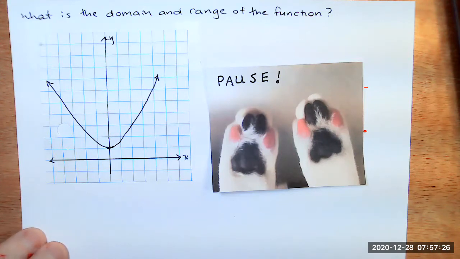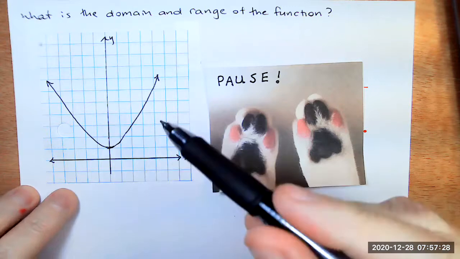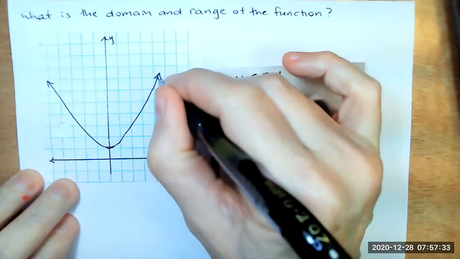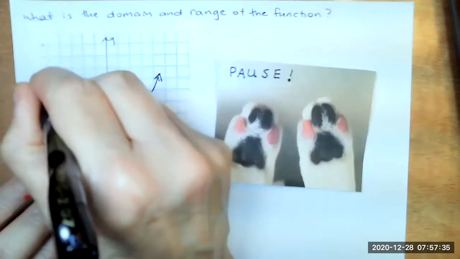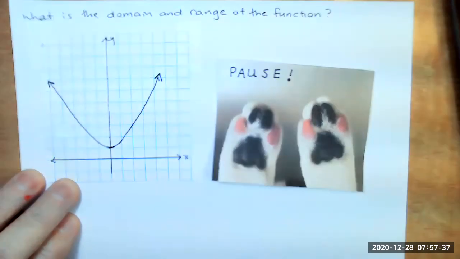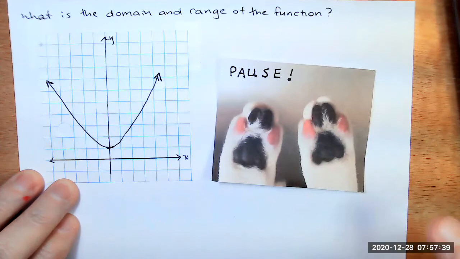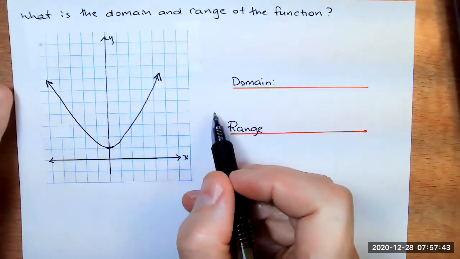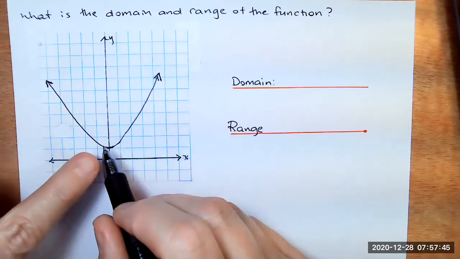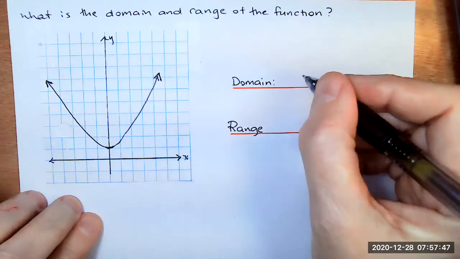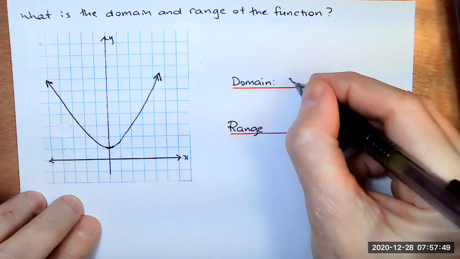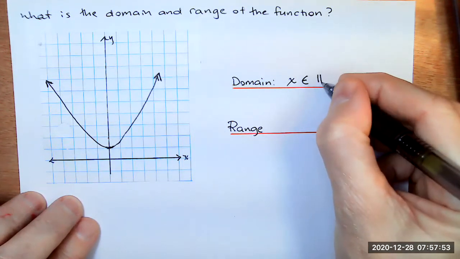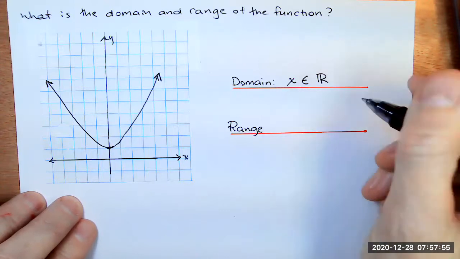All right, what is the domain and range of this function? And because this one has arrows at the end, that means it goes off in that direction forever. All right. So because this function goes forever in both directions, the domain is all real numbers. So we can use that symbol.